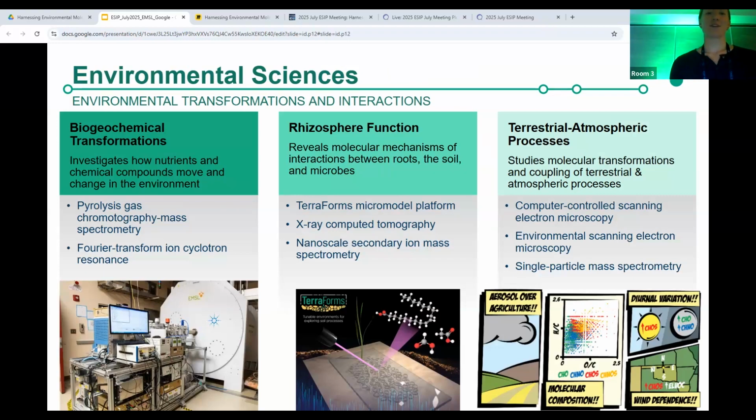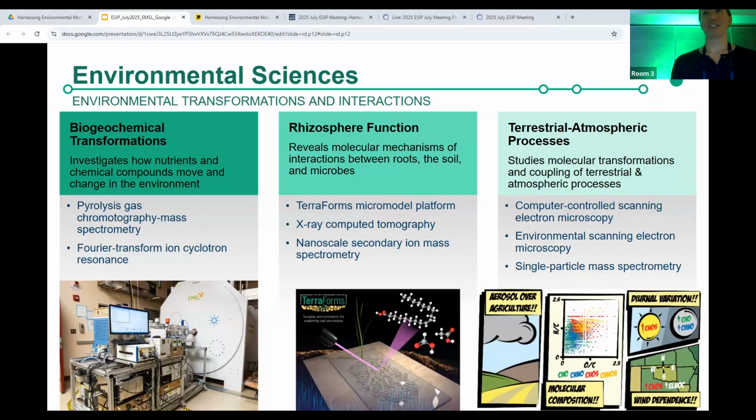And so this first area, the biogeochemical transformations, is really about the movement of nutrients and chemical compounds. We know that links back to microbes and what they're doing, but really we're looking at a higher level view. For example, this image is of our 21 Tesla FTICR, and that is able to identify thousands of molecules that might be present in natural organic matter.